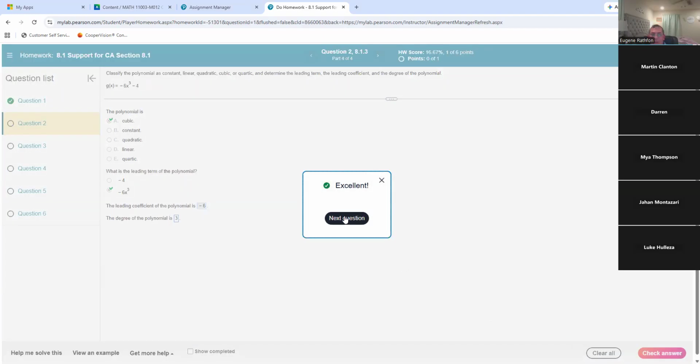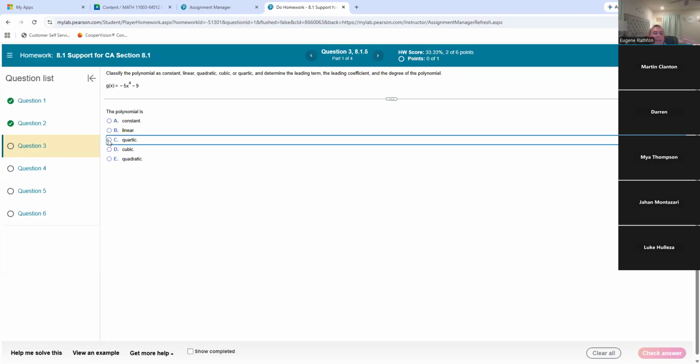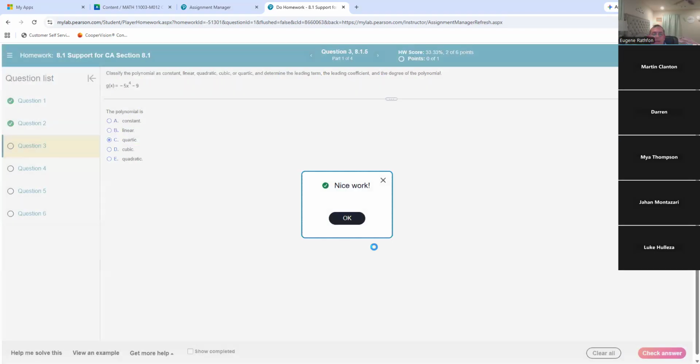So this one's on y'all, okay? So negative 5x to the fourth minus 9. Constant, linear, quartic, cubic, or quadratic. So C, quartic, good job. We said if the highest exponent was 4, you're quartic. So y'all, you would check that.